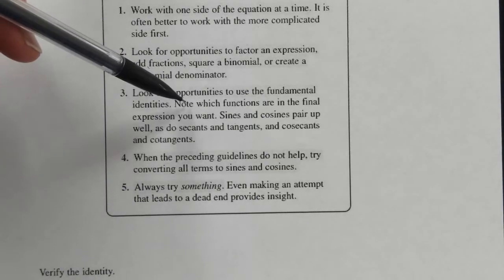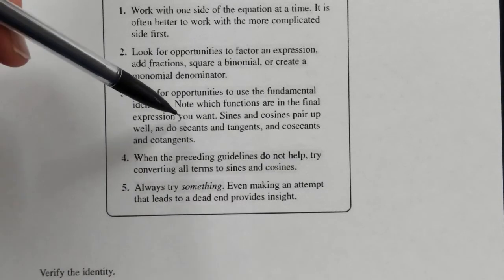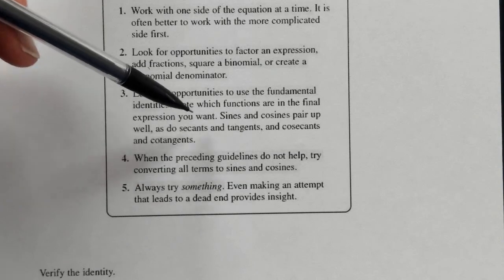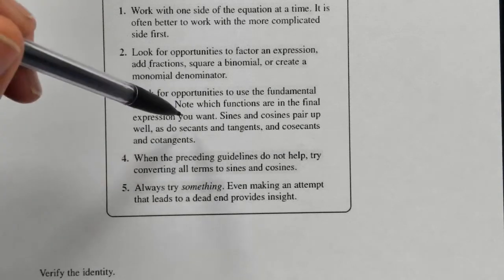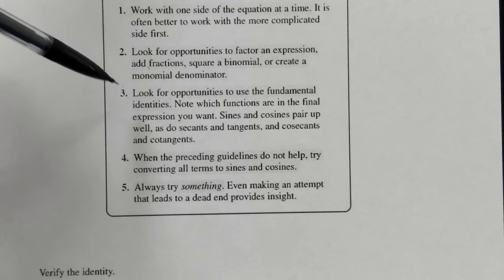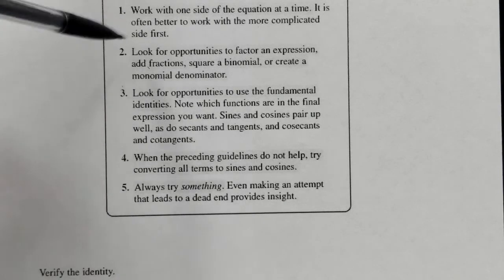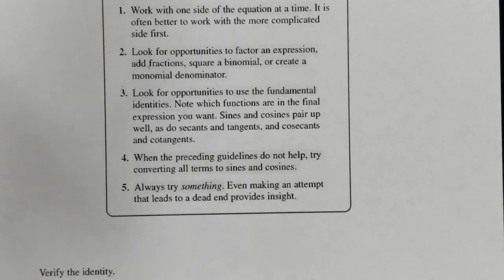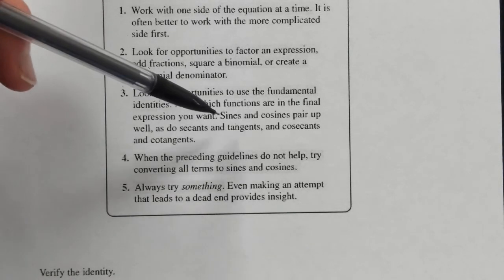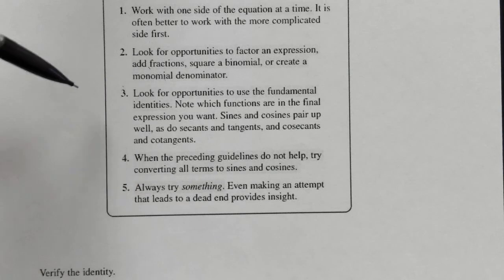Also, here's an important part. Note which functions are in the final expression that you want, because you're going to be looking for ways to get those in there. For example, if the identity you're trying to verify has something equal to sine of x, then you want to look for ways to get the sine function in there, because you can never make it match until you get sine in there.